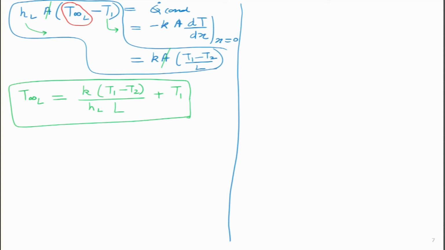I had all these values written down on the previous slide, so from memory I am going to write them again. K value we have taken as 1, T1 was 40 degrees, T2 we have taken as 20 degrees. HL we have taken as 2 watts per meter square Kelvin, L value was 1, and again T1 was 40 degrees. If you do this arithmetic, we end up getting 10 plus 40, which means T infinity L was 50 degrees centigrade.